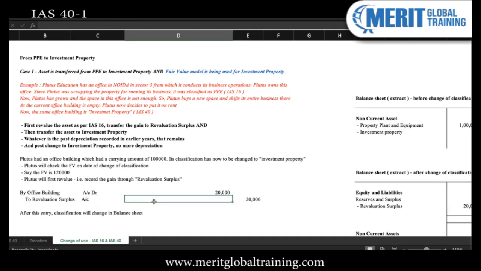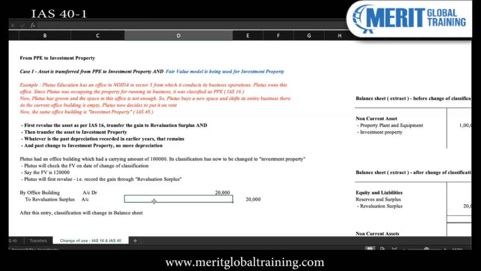So while we shift our operations to another building, this particular building where we are operating out of right now, we don't sell it off, we give it on rent to someone. Till the time we were occupying this building, it was property, plant and equipment. But now that we have rented this property out and we are earning rental income, this particular property has become investment property.